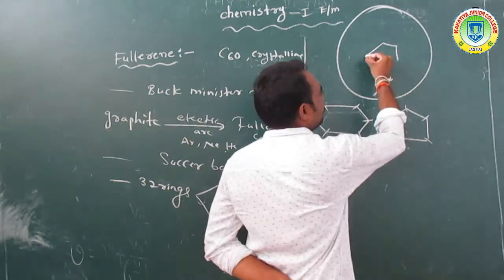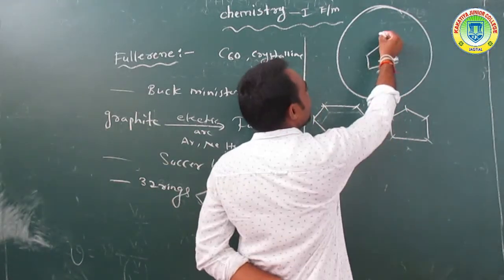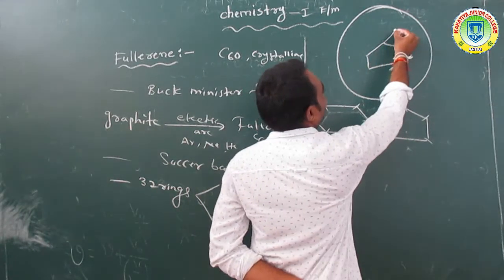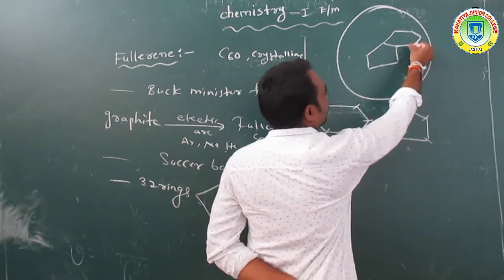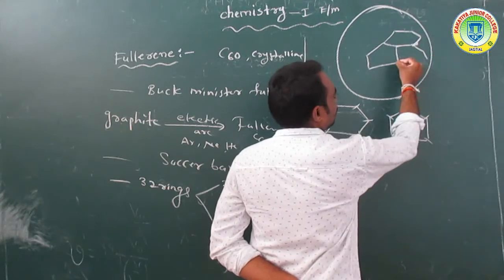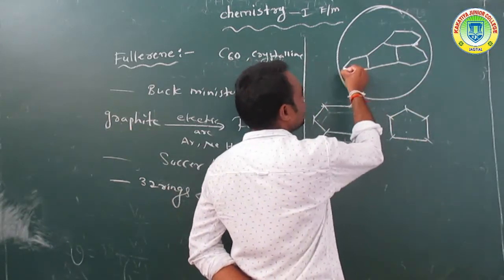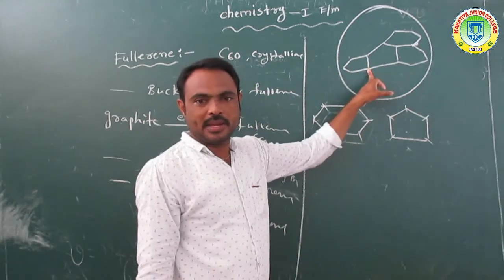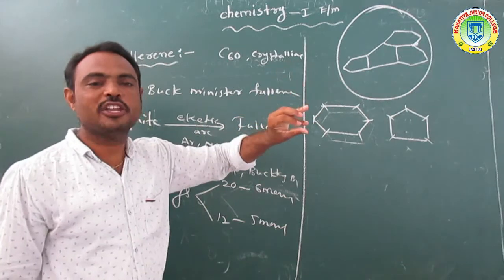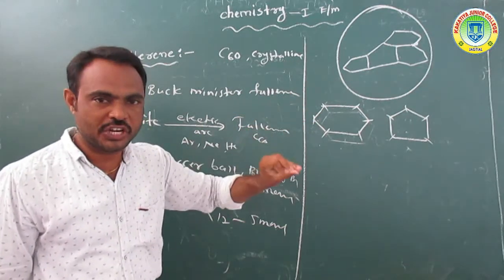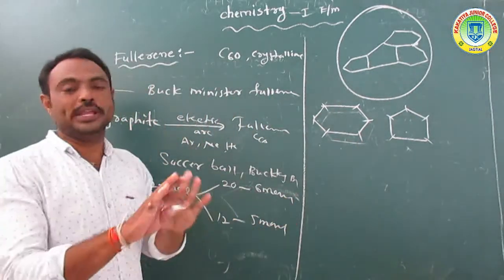In this shape, a 5-member ring is next to a 6-member ring, and so on. So overall, in this buckyball or soccer ball shape, there are a total of 32 rings.